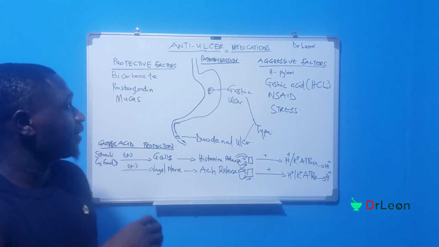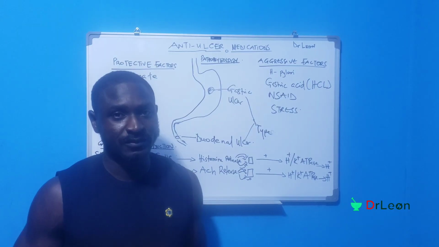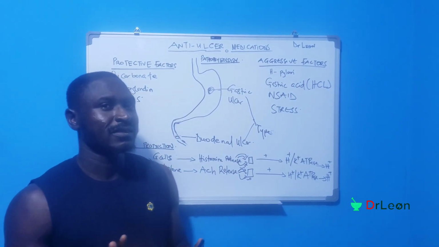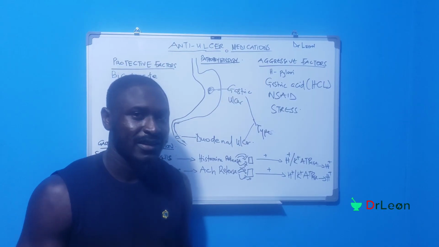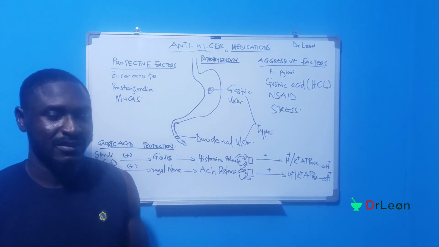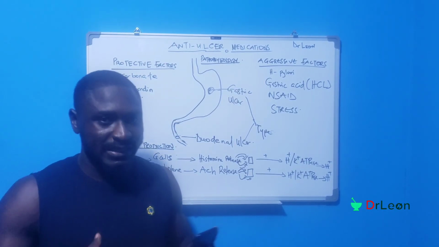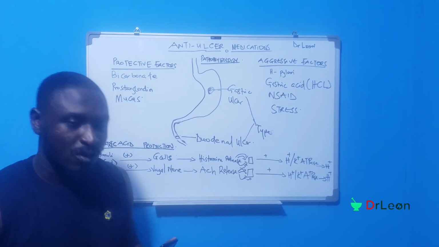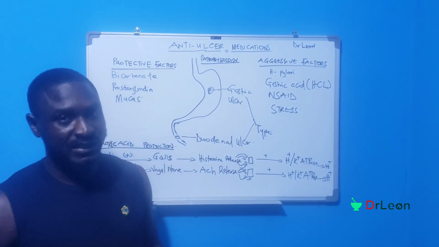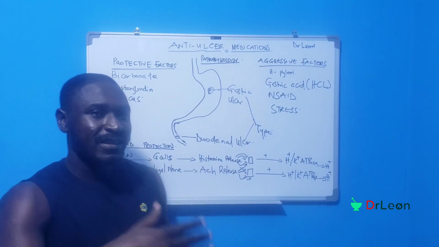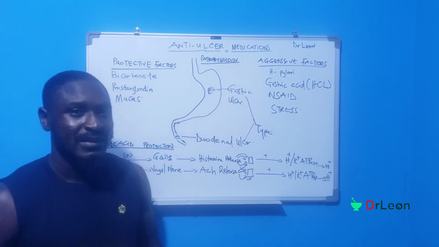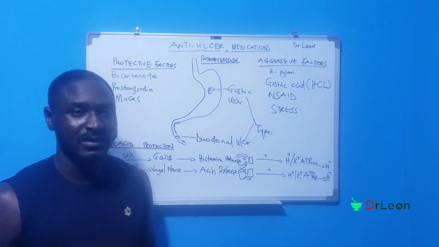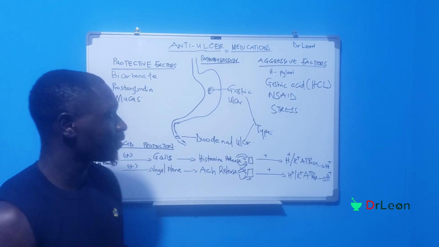Okay, so the pathophysiology. With the pathophysiology, we have to understand some basic things. There are factors that protect the stomach wall from getting ulcerated, and there are other factors that worsen the case, or cause ulcer.